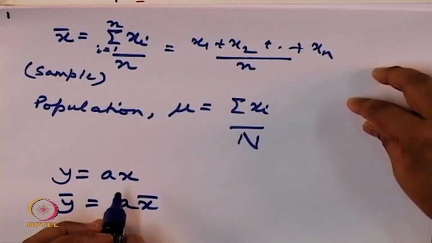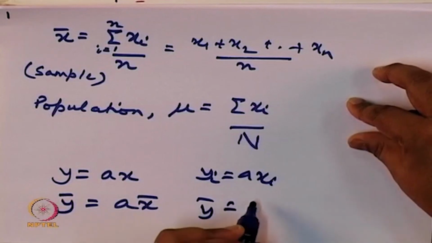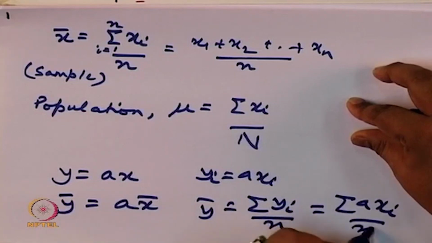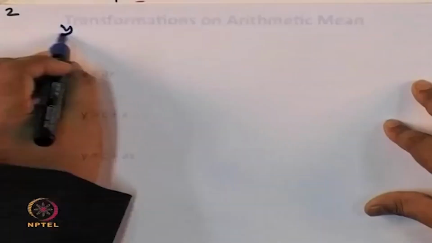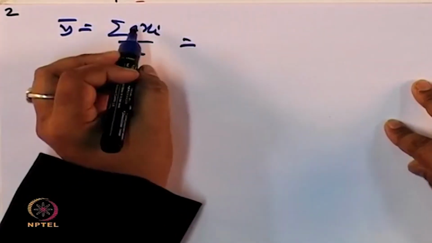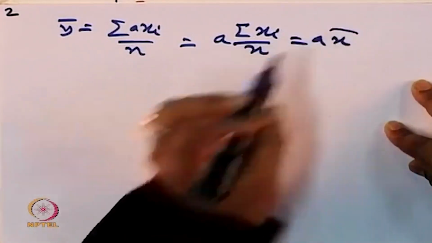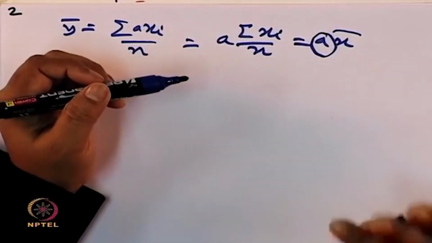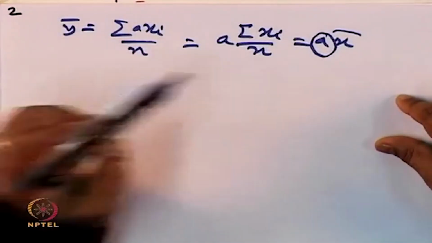It is easy to prove, because if yi is equal to a xi, then y bar is defined by summation of yi by n, which is summation of a xi by n. Since a is a constant, we can take it out and write a times summation xi by n, which is a x bar. In other words, when you have a prefactor a multiplied with x to calculate y, you simply multiply a with x bar to obtain y bar.